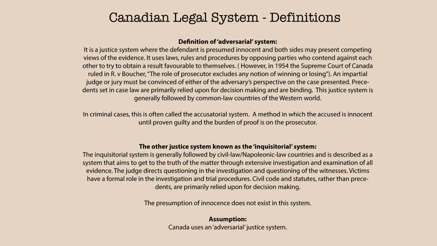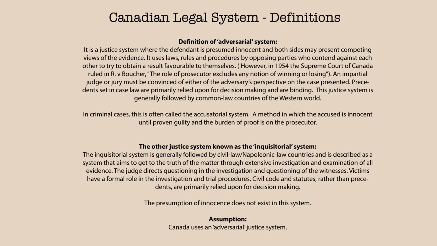Precedents set in case law are primarily relied upon for decision-making and are binding. This justice system is generally followed by common law countries of the Western world. In criminal cases, this is often called the Accusatorial system, a method in which the accused is innocent until proven guilty and the burden of proof is on the prosecutor.